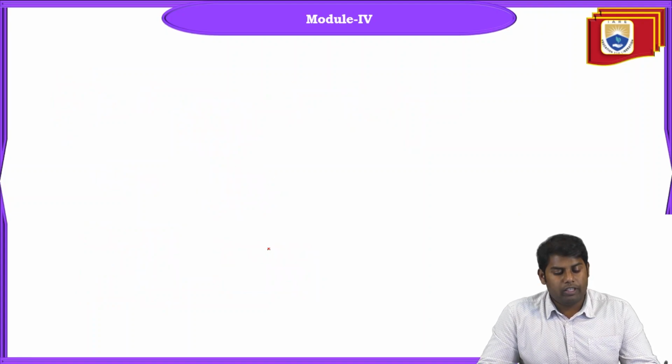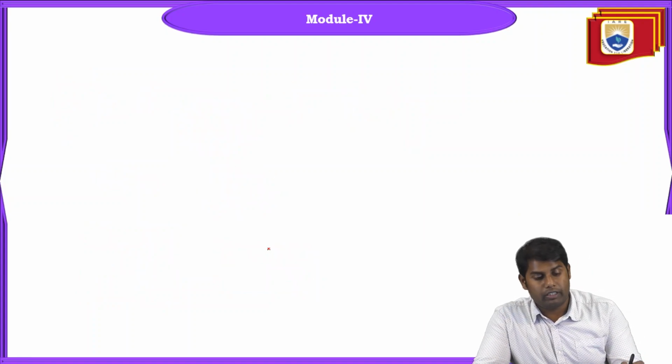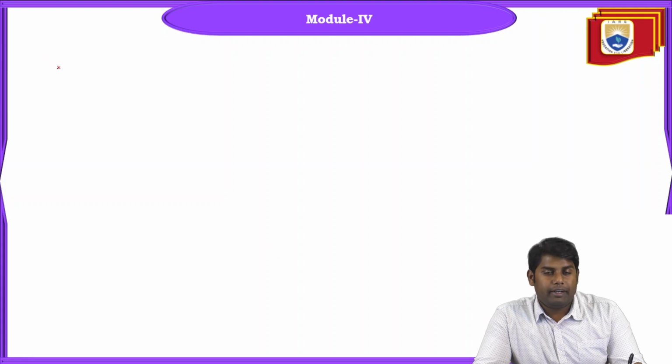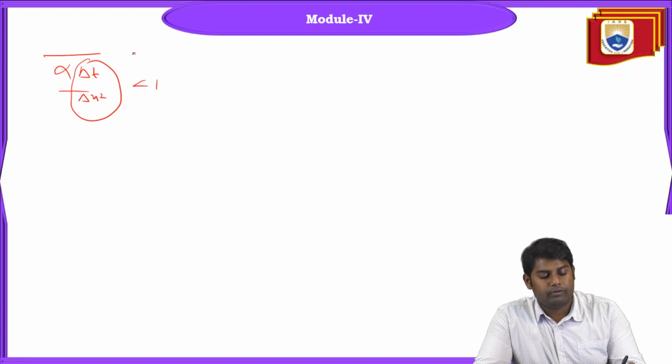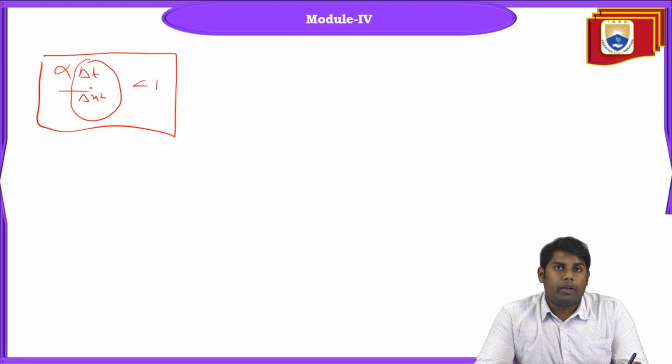How we can do it, or why we will do it, we'll see. Let us take one condition. Basically we have alpha delta t by delta x square, and let's say this condition is less than 1.